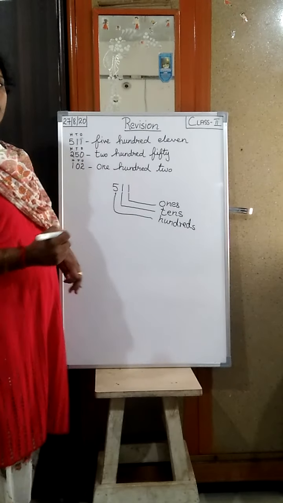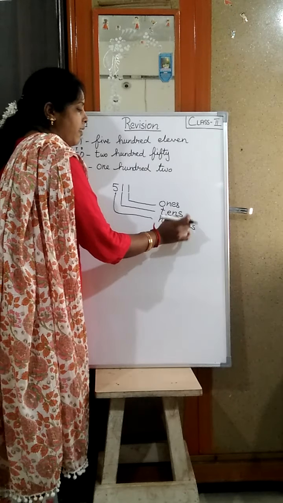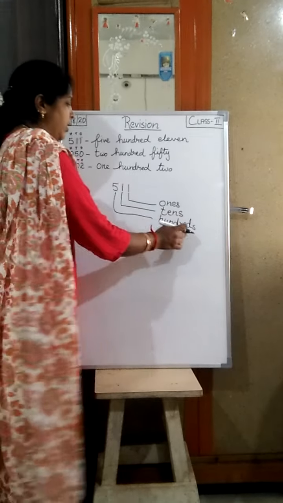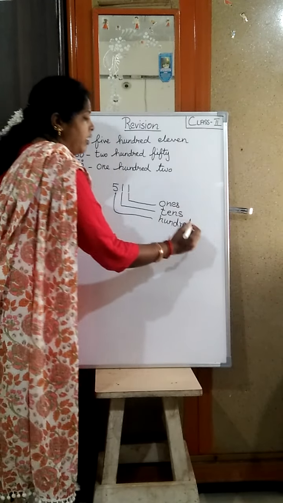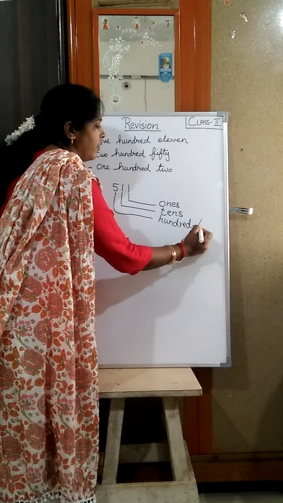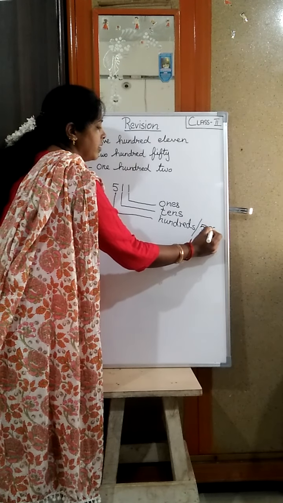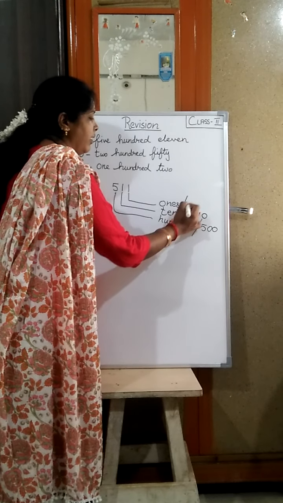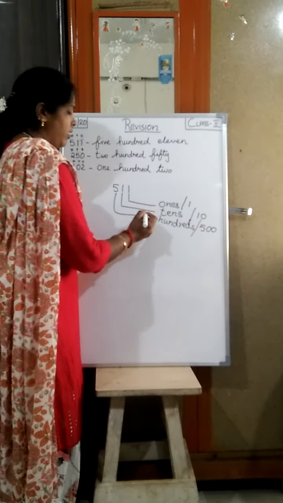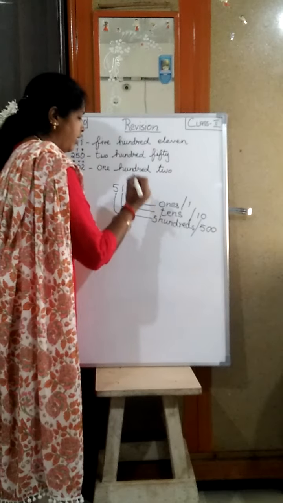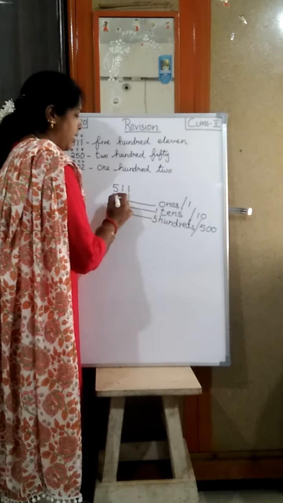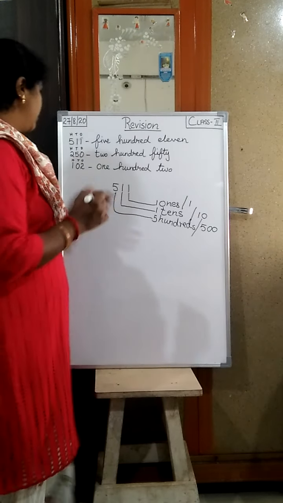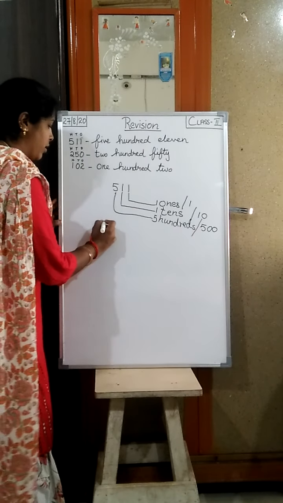Understood, children? Think like father, mother and yourself. So now a 3 digit number is one family. Now we can write 500, 10 and 1. So 5 hundreds, 1 tens and 1 ones. Okay, children, understood? Let me see the next number.